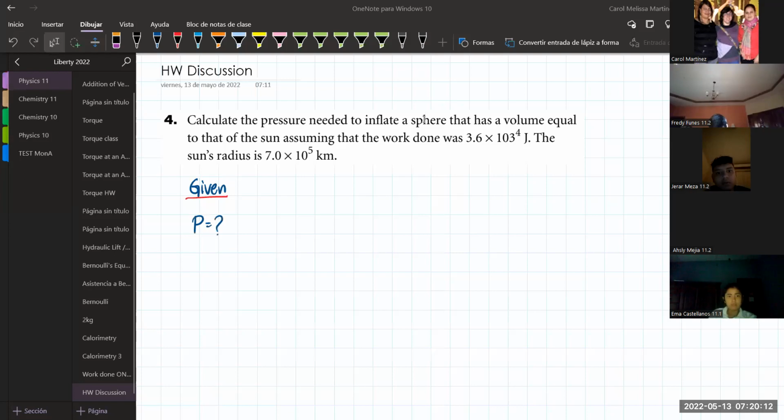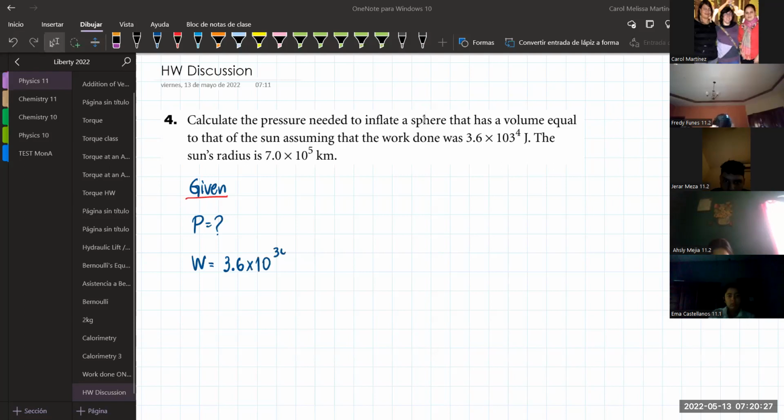The sphere has a volume equal to that of the sun. Okay. So assuming that the work done was, they're giving me work as 3.6 times 10 to the 34 power joules. They're giving me the radius, that is 7 times 10 to the 5th power kilometers.